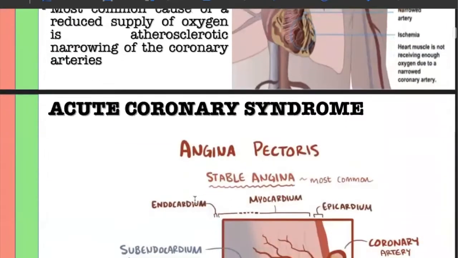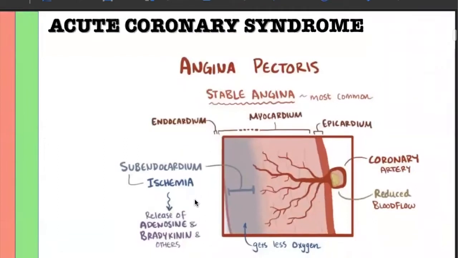Now moving on, in acute coronary syndrome we're still talking about angina pectoris. Here the balance between oxygen supply and demand is not being met. The myocardial tissue needs a lot of oxygen and nutrients in order to continue.